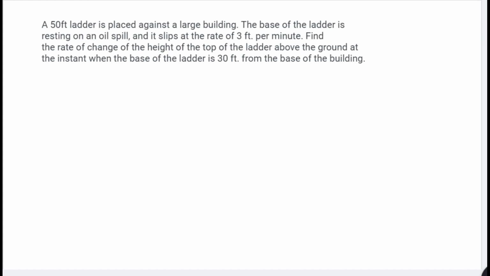There's a ladder, right? So let's draw a picture. So there's a wall or building, and there's a ladder placed against the wall, and this is the ground.